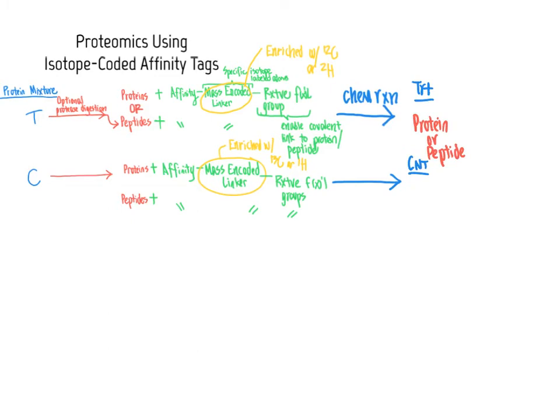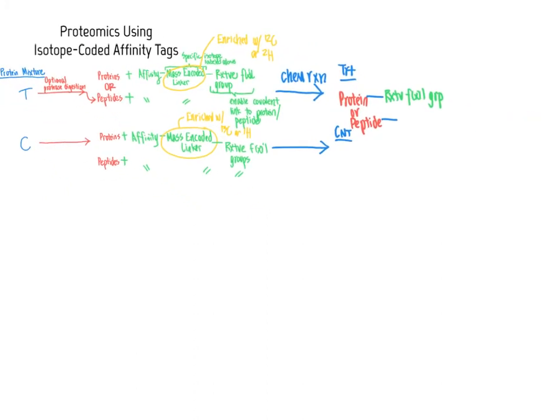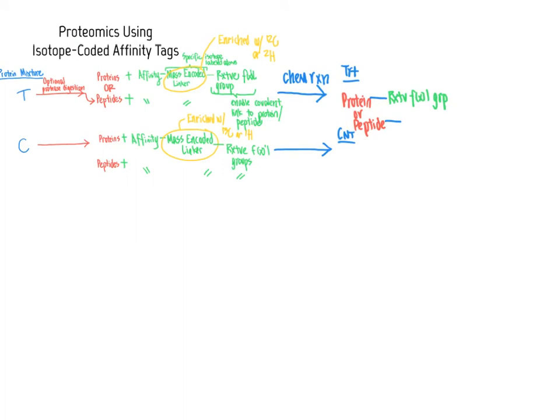And those are going to have, as I will put in blue here, a covalent bond linking them to the reactive functional group, because that's going to be the site that forms the covalent bond to the protein or the peptide. And that functional group is linked to the mass encoded linker.